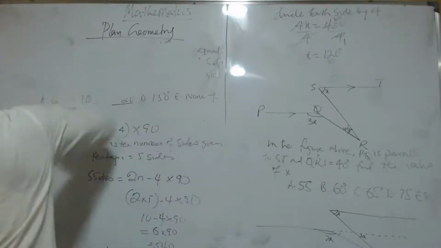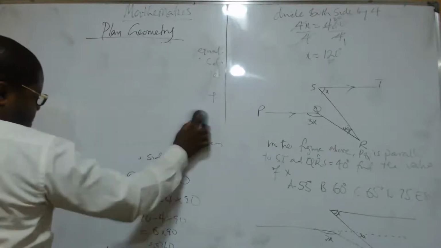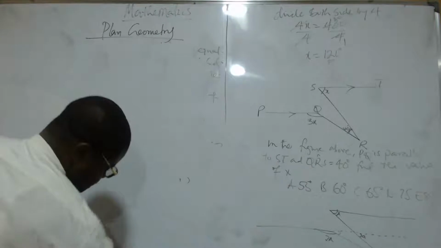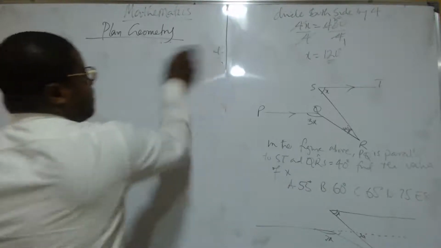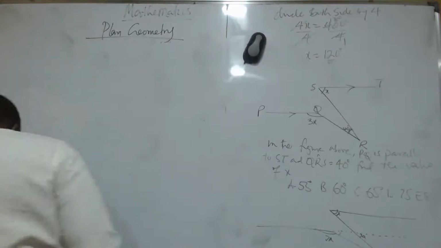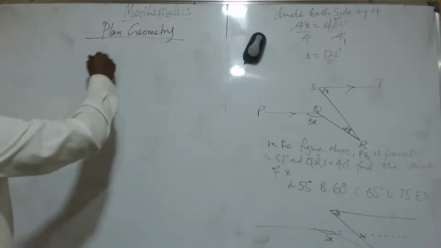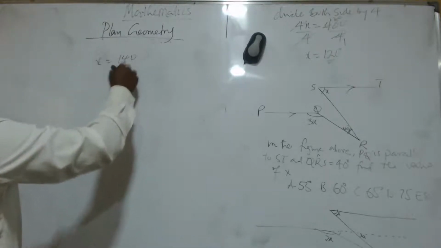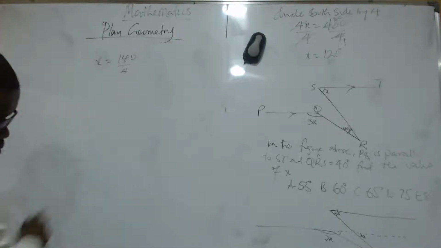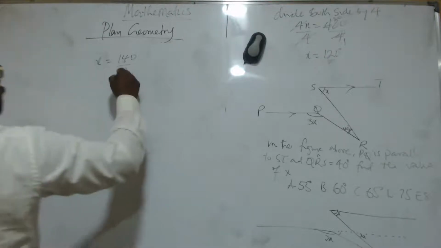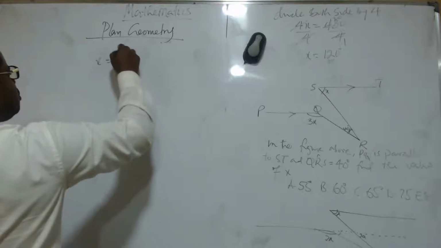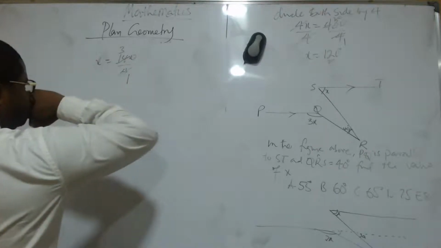So then what do we have there? x equals 140 divided by 4. Now 4 here we have 1, 4 here we have 3, remainder 2.